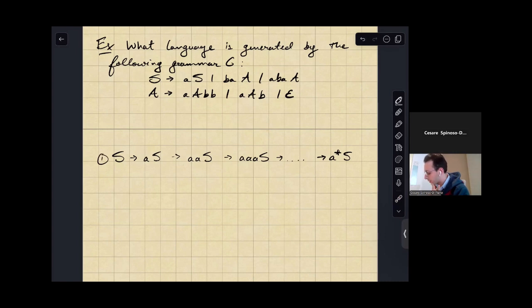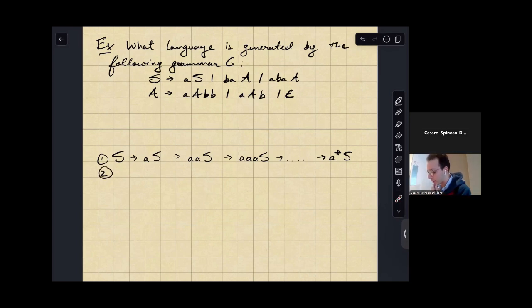But remember, at some point I do need to go from S to A if I want to generate complete strings of terminals, because this is the only production rule that doesn't generate an additional variable and only has terminals, or in this case, the empty string. So how can I get from S to A?